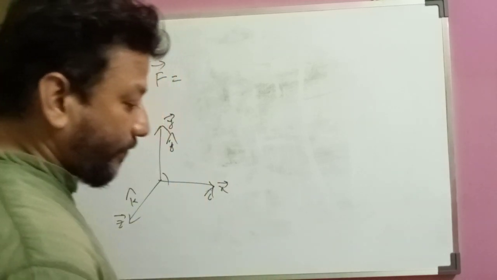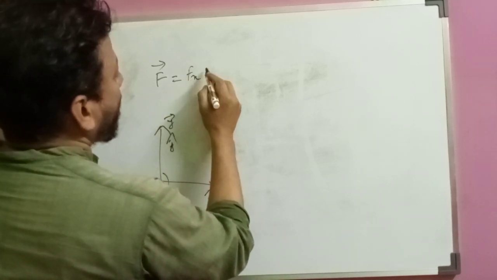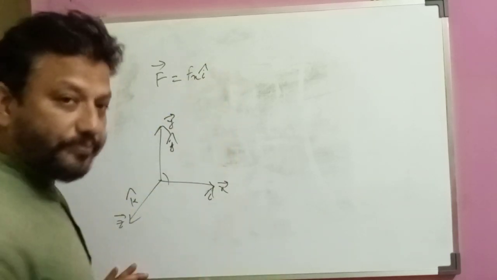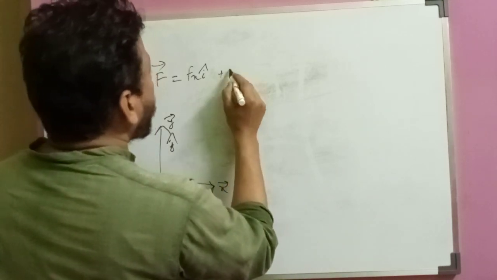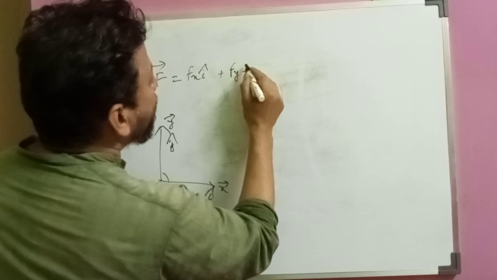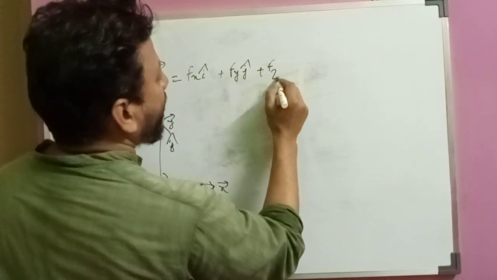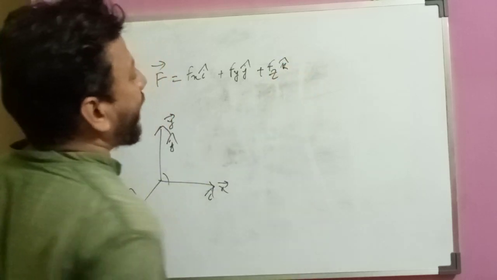So this F will be Fx with i cap, plus Fy with j cap, plus Fz with k cap.